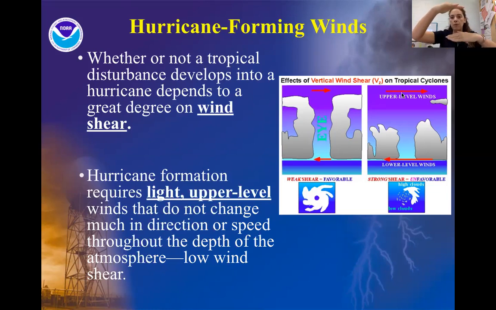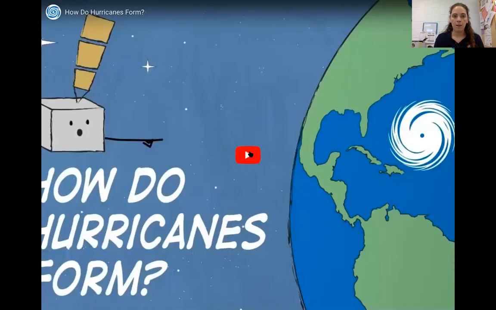If those upper level winds are strong, they're going to knock over the clouds from our tropical cyclone or disturbance and prevent it from going up into a hurricane and getting larger. If those winds are very light, the hurricane will be able to progress. And now we've got our quick video.